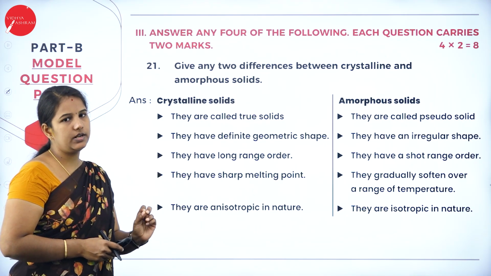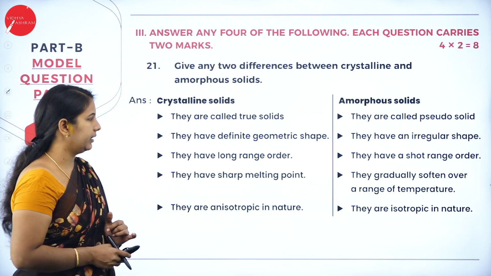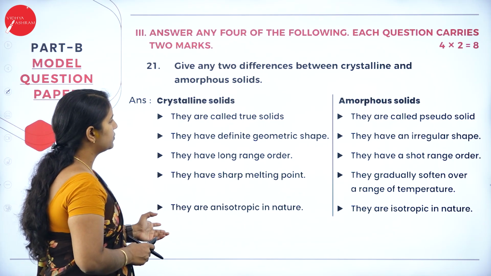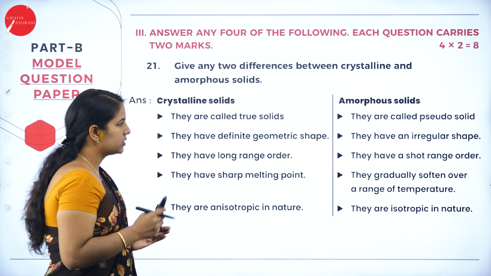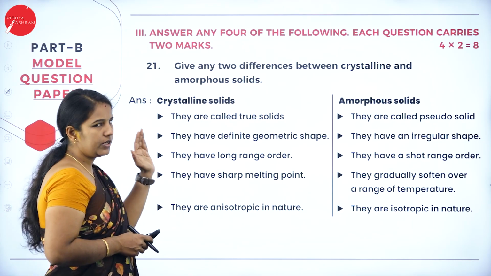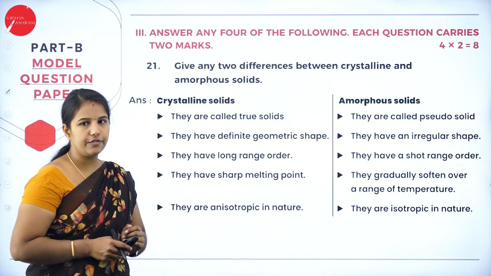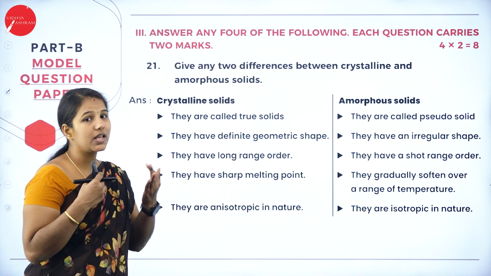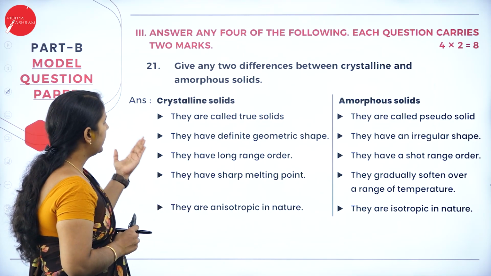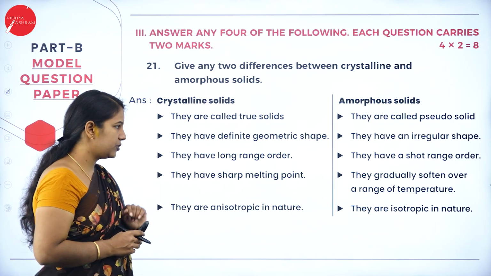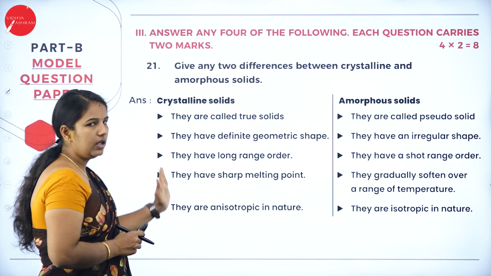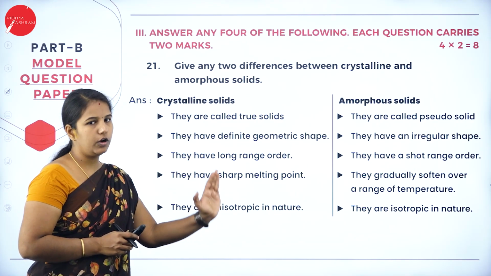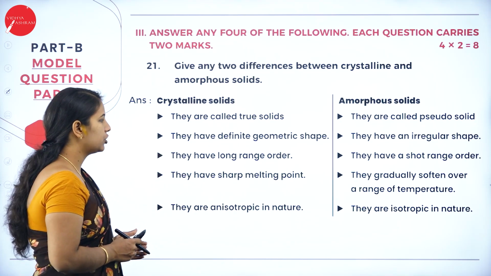Whichever are the easiest differences you find, you can write them. Crystalline solids are called true solids. Amorphous solids are known as pseudo solids. Crystalline solids have a definite geometric shape, whereas amorphous solids don't have a definite geometric shape; we call it an irregular shape. Crystalline solids have long range order, amorphous solids have short range order. Crystalline solids have a sharp melting point, whereas amorphous solids do not have a sharp melting point.